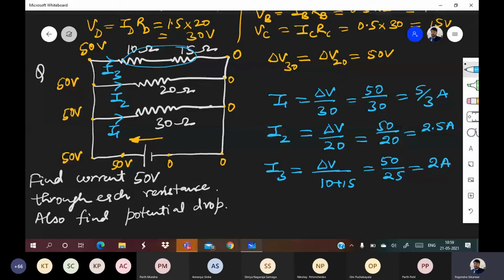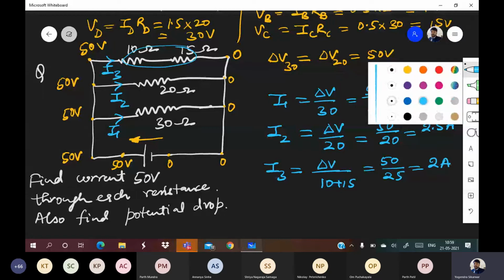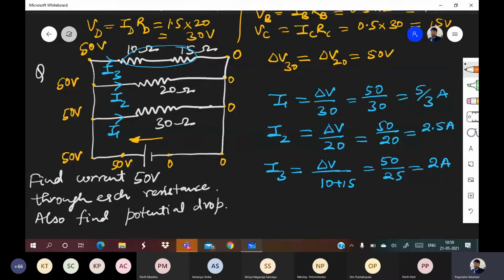Okay, now the only thing left for us to solve is how much is the potential drop across 10 and how much is the potential drop across 15. So delta V across 10 is I10 into R10. I10 is how much? 2. R is how much? 10.